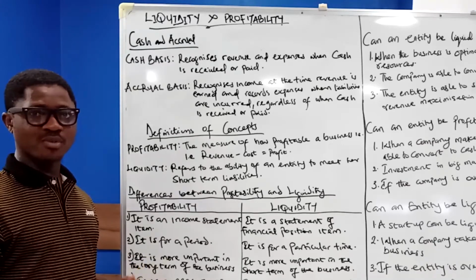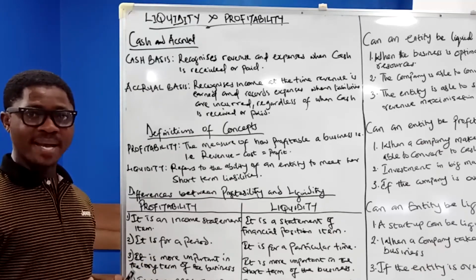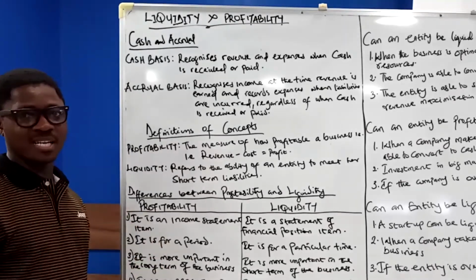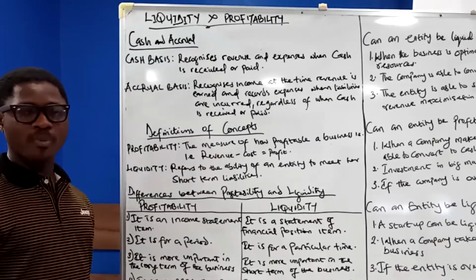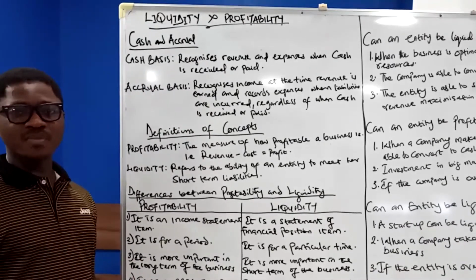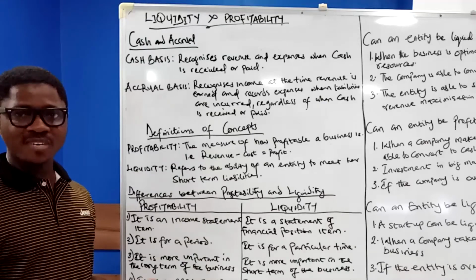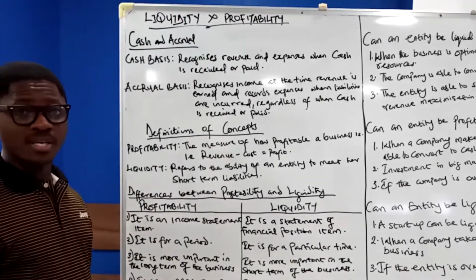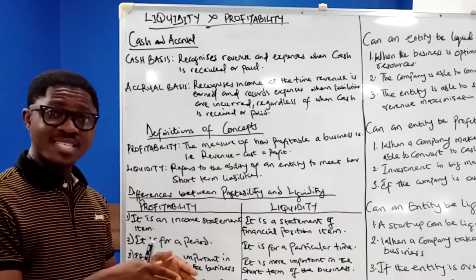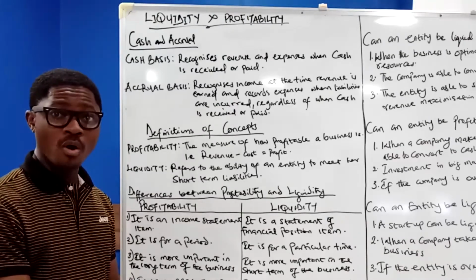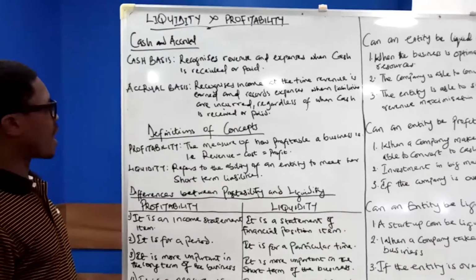Because cash is received by Graceman and cash is paid by Omolara, cash basis will recognize such a transaction. On the opposite, Omolara bought 3 bags of rice from Graceman for 150,000 naira on credit. Such a transaction will not be recorded under cash basis because cash is neither received nor paid.